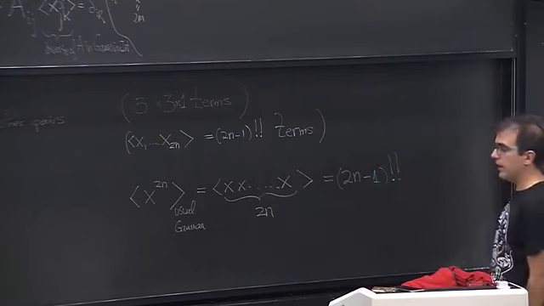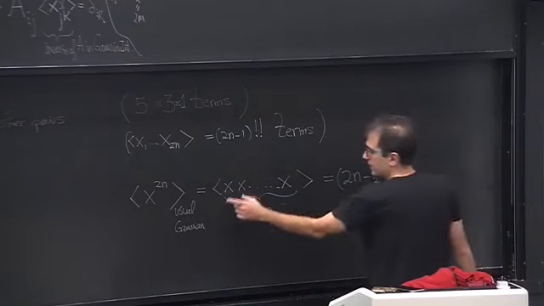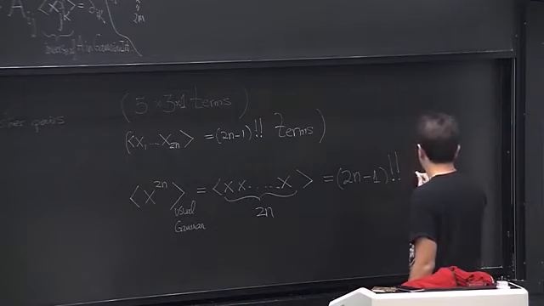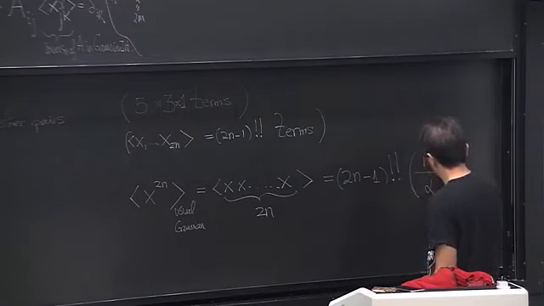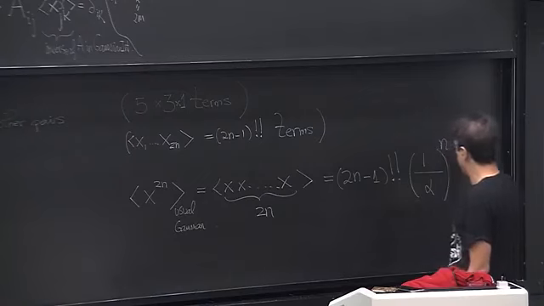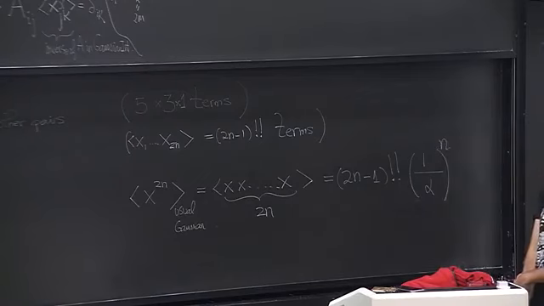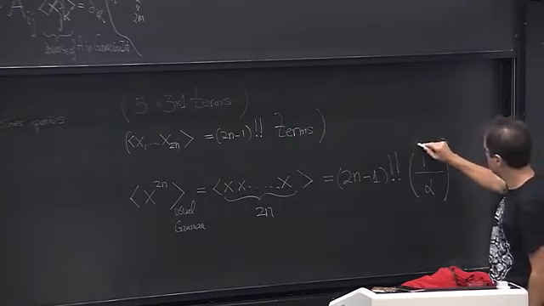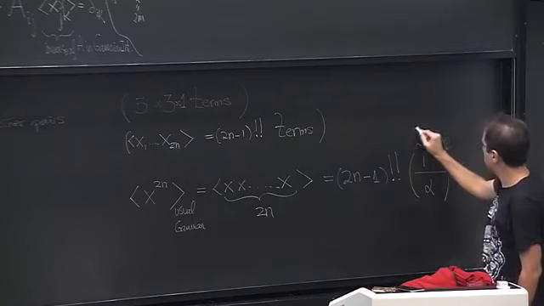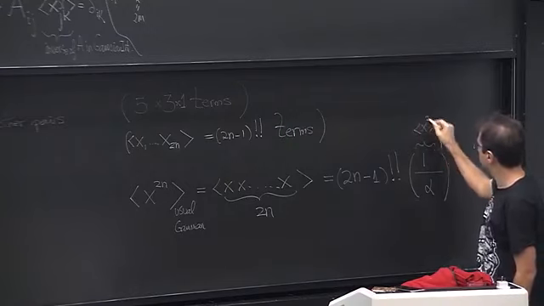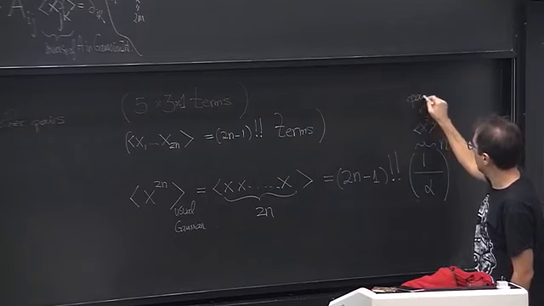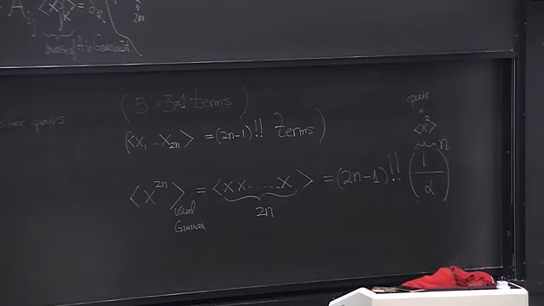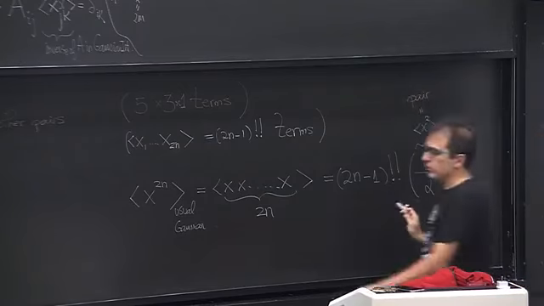That's how many terms there are. And each propagator, if it's normalized in a canonical way, would give me 1 over alpha, and there are n such propagators, right? N such expectation values of x squared. So this 1 over alpha here is the expectation value of x squared, which is the value of one pair, right? So this is the result.